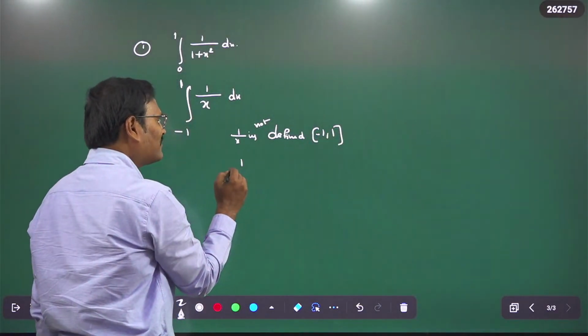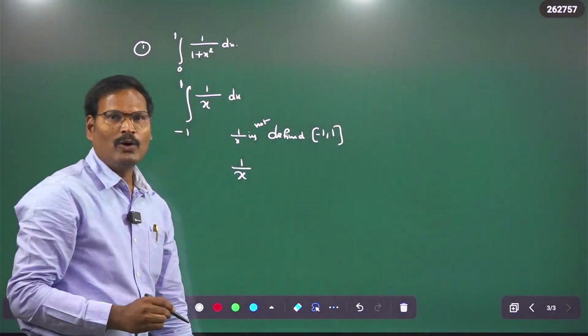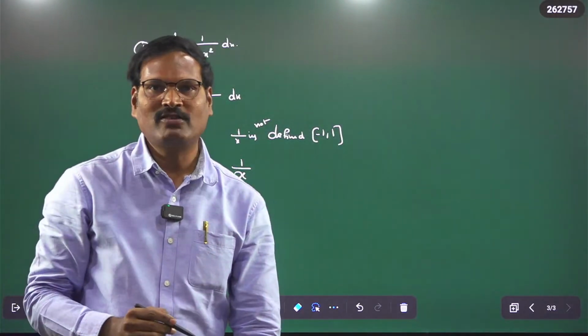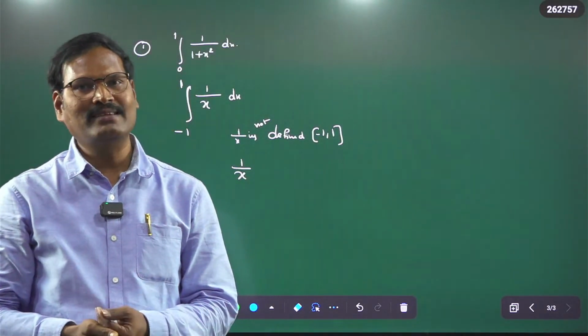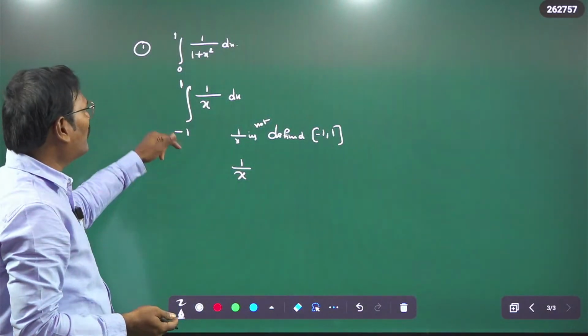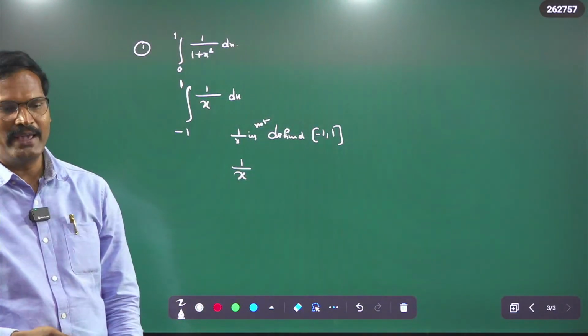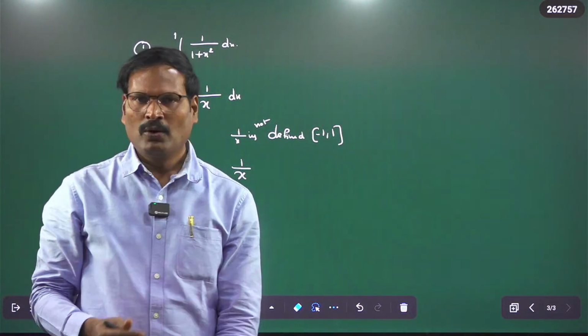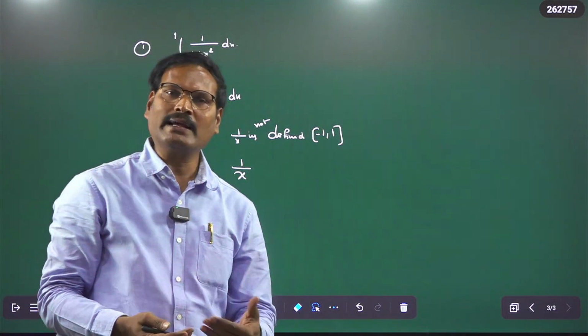At 0, 1 by x is not possible. The value of 1 by x is infinity, so we cannot find the integration of minus 1 to plus 1 of 1 by x dx. Okay, sir, we have the formula for integration of 1 by x.